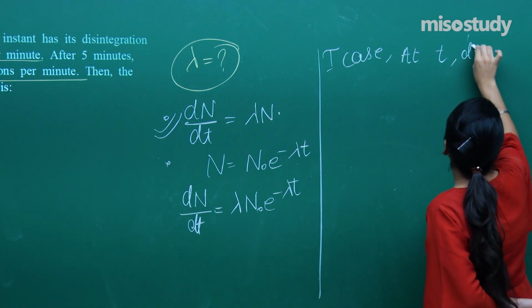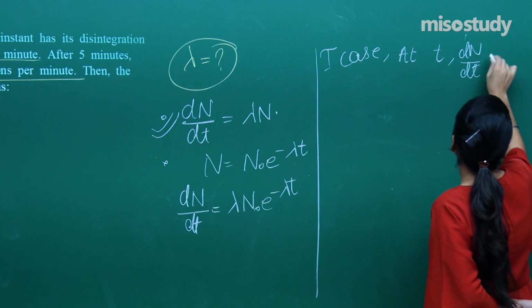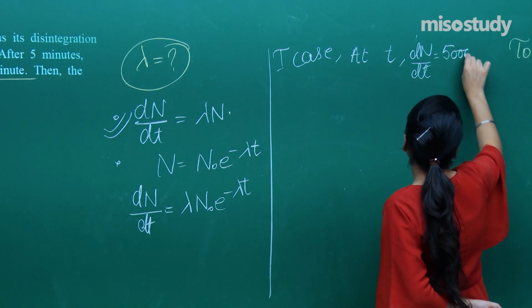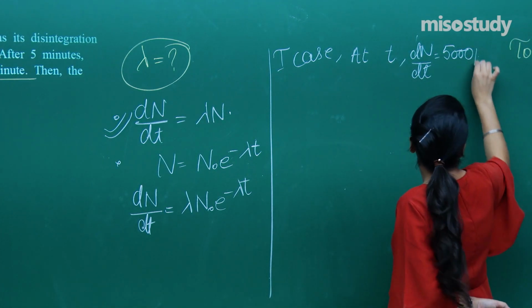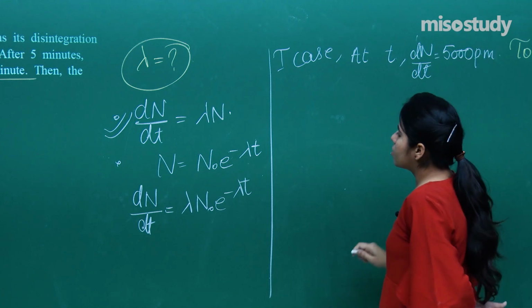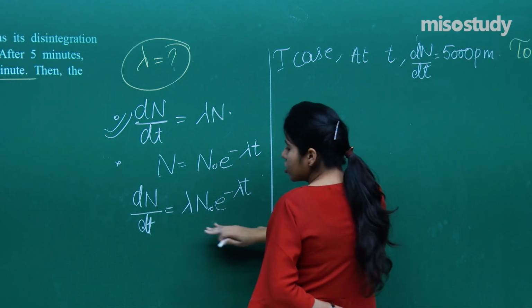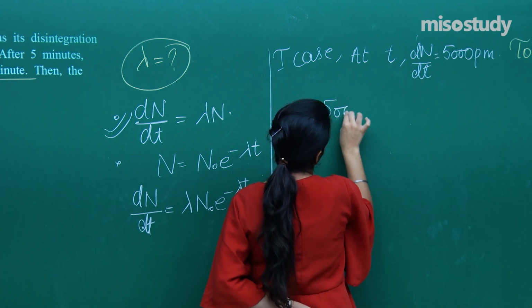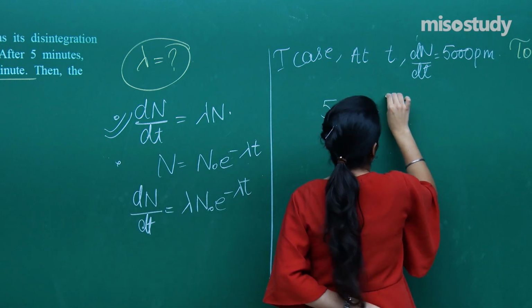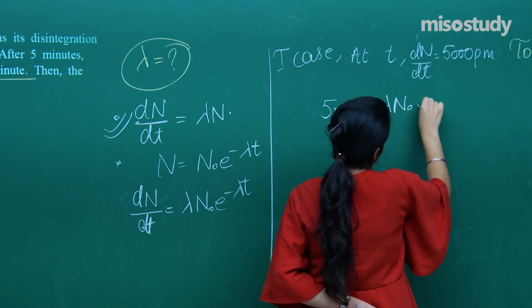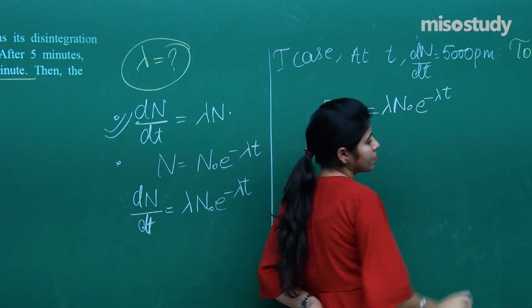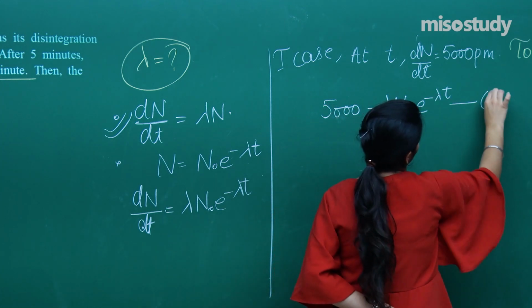So your dN by dt is 5000 per minute. Now your equation will become 5000 equals lambda N naught e raised to the power minus lambda t. So this is your equation number 1.